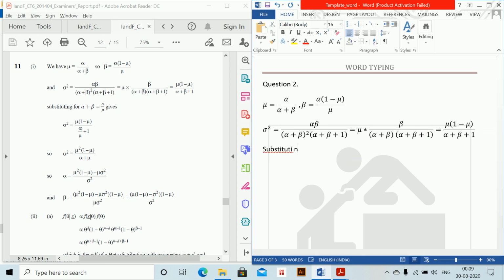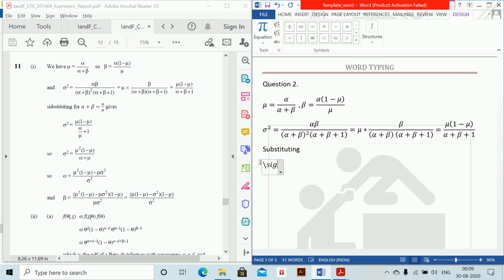Substituting, we have σ² equal to μ(1−μ), and in place of α+β we'll place α divided by μ, plus 1.